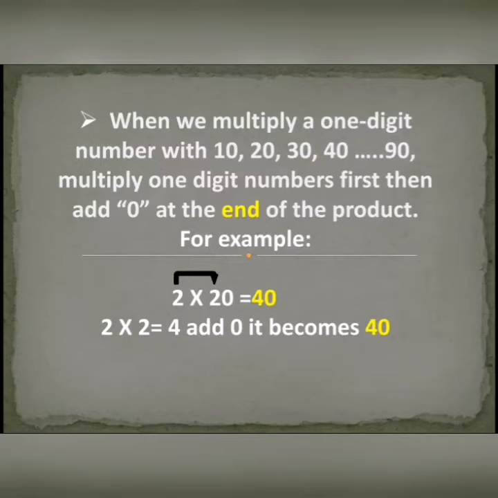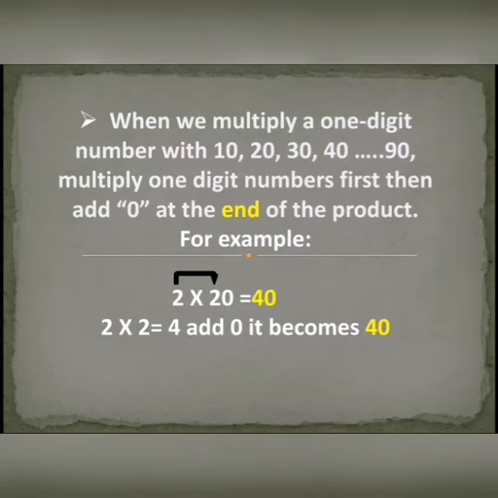Okay, so that's how we are going to answer the numbers 10 to 90. 10 to 90 end with 0. So again, multiply the one-digit number first, then add 0 at the end of the product. Another example, 2 times 70.